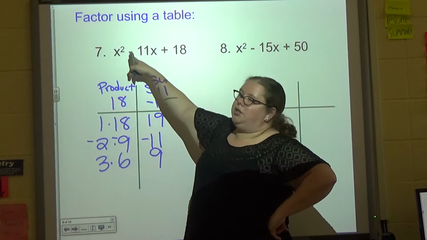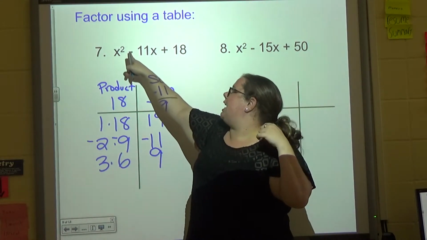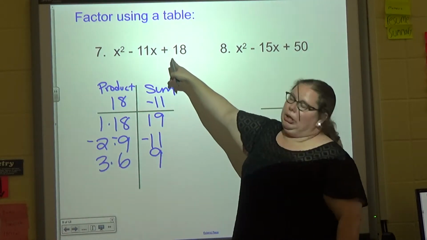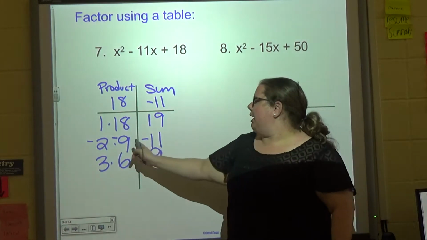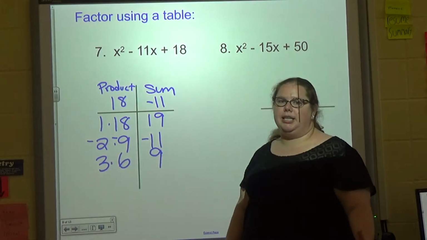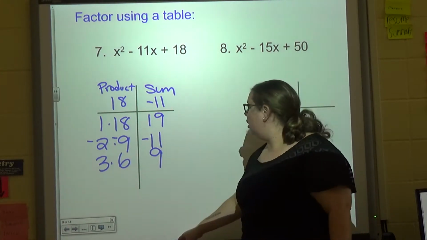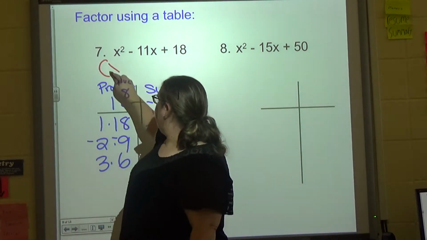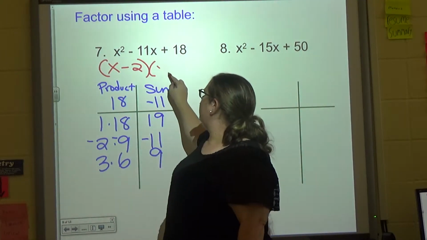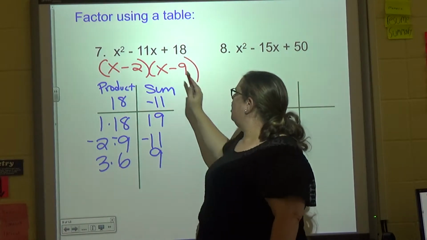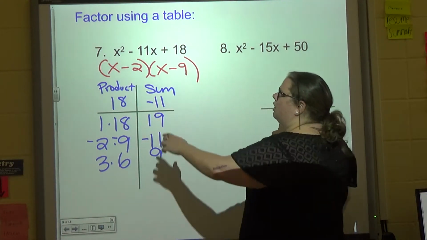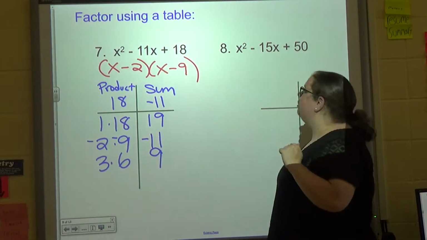So this tells you that when the middle term is negative and the C term is positive, my two numbers in the parentheses are going to be negatives. So my answer is x minus 2, x minus 9. When it looks like this, they're both going to be negative.